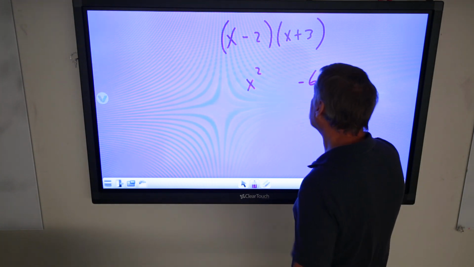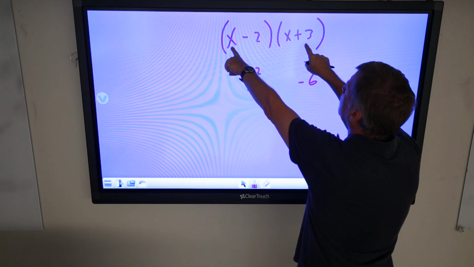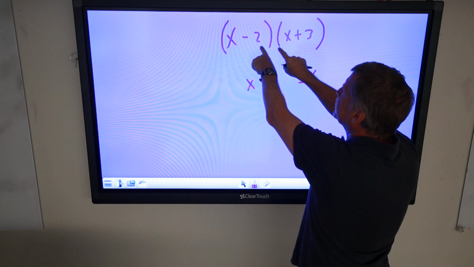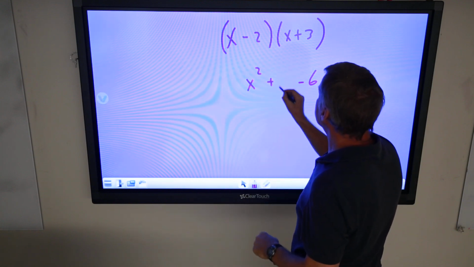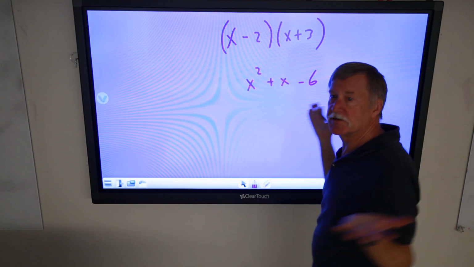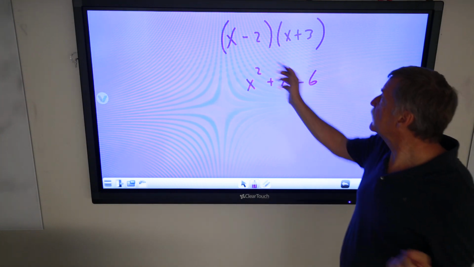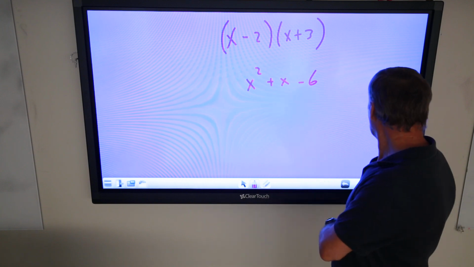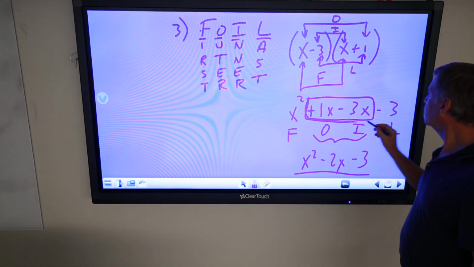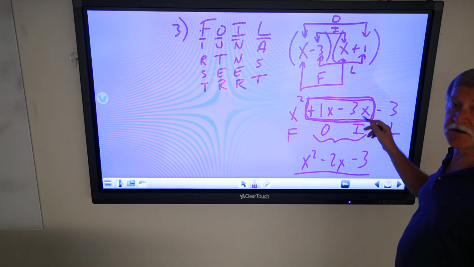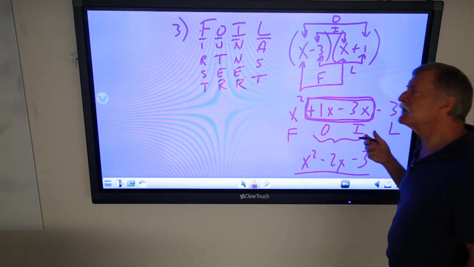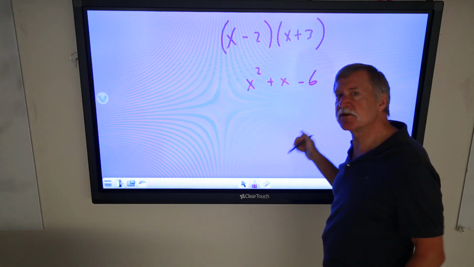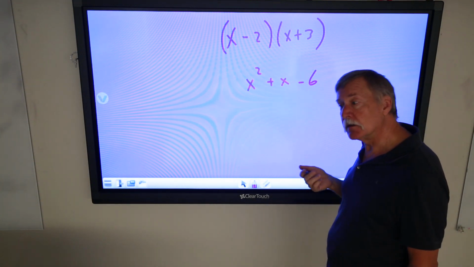And now I'm thinking, outer plus 3x, inner minus 2x, plus 3 minus 2 just makes a plus x. Oh, there's the answer. Didn't have to write the two terms because I could combine them in my head. I would start by writing the two outer inner terms down, but as you get better at this, you're going to find that just looking at it and writing the answer is definitely possible.